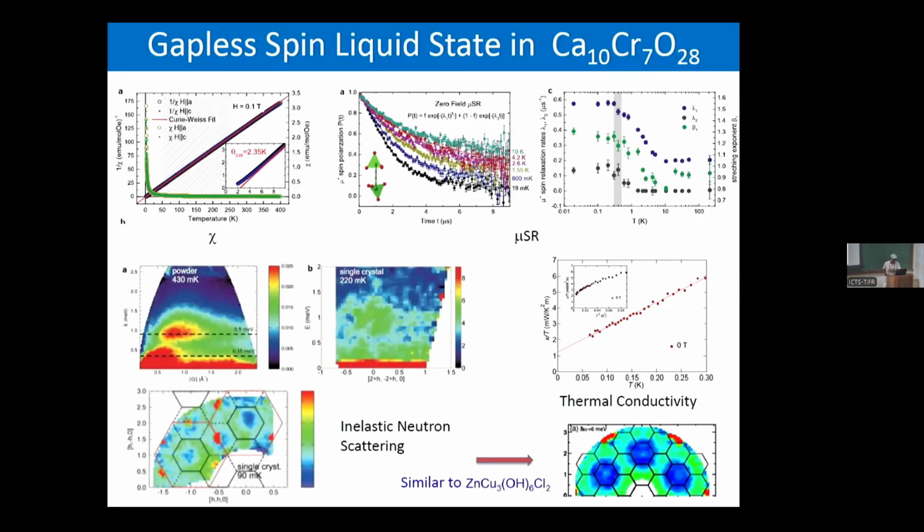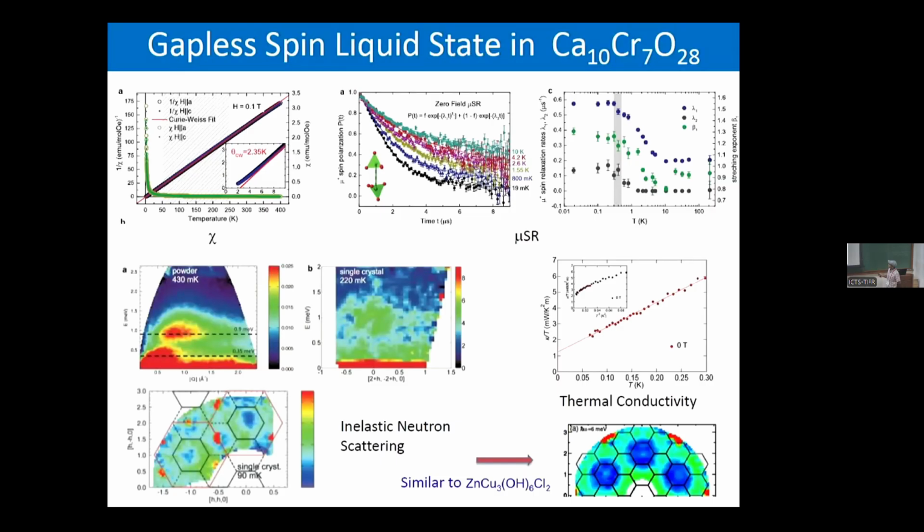So this is a busy slide, and it is a collection of almost all data we have on this material. But let me walk you through it. So this is the magnetic susceptibility, and it is featureless. A fitting gives spin half for the chromiums and an exchange coupling strength of about 2.5 Kelvin. μSR measurements, also heat capacity measurements, which I'll show later, show that there is no ordering or spin glass at all down to the lowest temperatures measured.